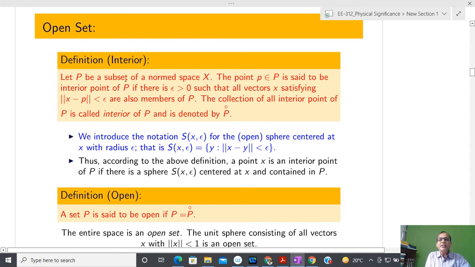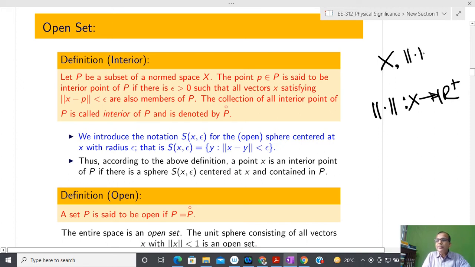Let P be a subset of the norm space X. Whenever we talk about a norm space X, I have a vector space X, and after that I have some kind of operator. This operator is called the norm. If you apply this operator on an element of this vector space, you are going to get some kind of positive real number.